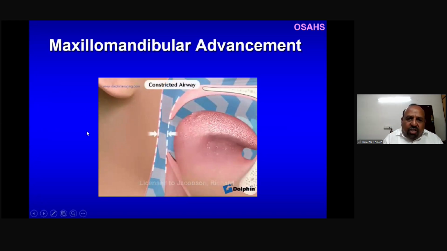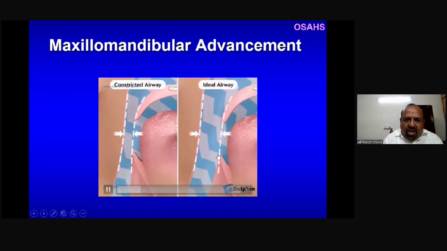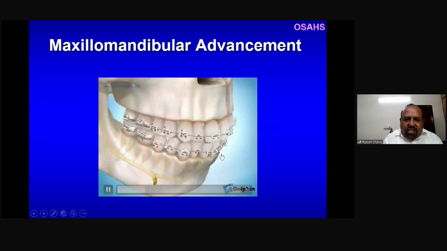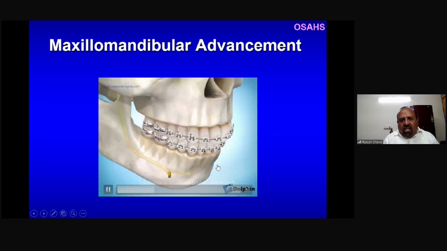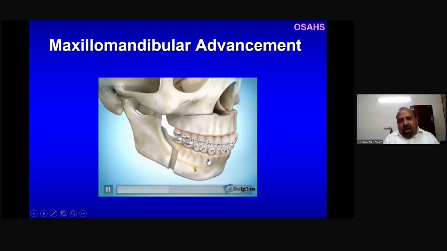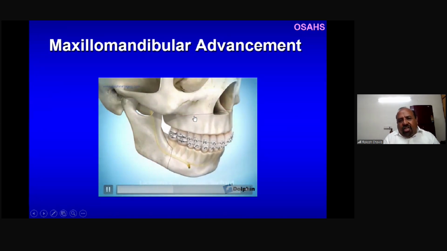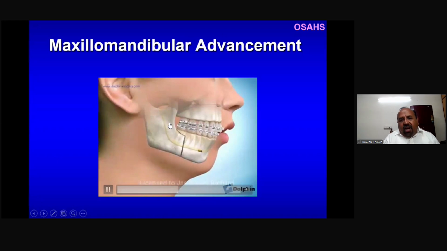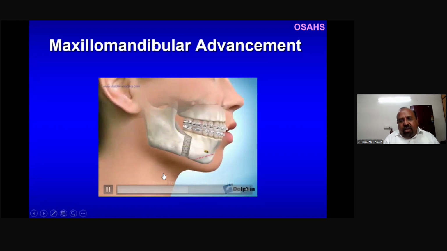This is the posterior space, which is a constricted airway. And once the surgery is done, after putting the braces on the teeth, doing the surgery of the mandible, advancing the mandible, and fixing this area, the posterior space increases.